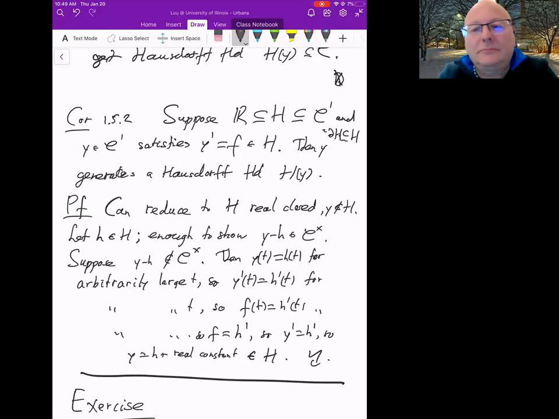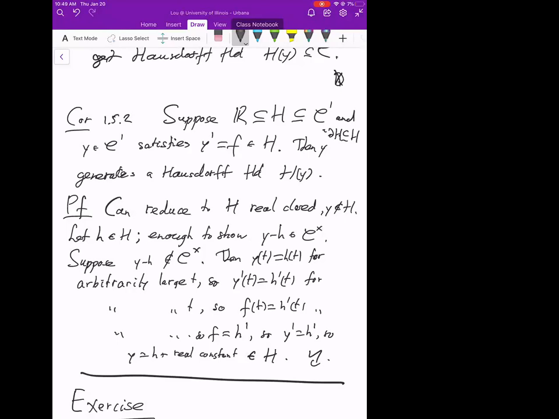Sorry again, but I'm not sure I understand the point. From y(t), I mean, y is not in H, right? No, but y prime is. Yeah, but from y(t) equals h(t) for arbitrarily large t, how do you go to y prime(t) equals h prime(t) for arbitrarily large t?